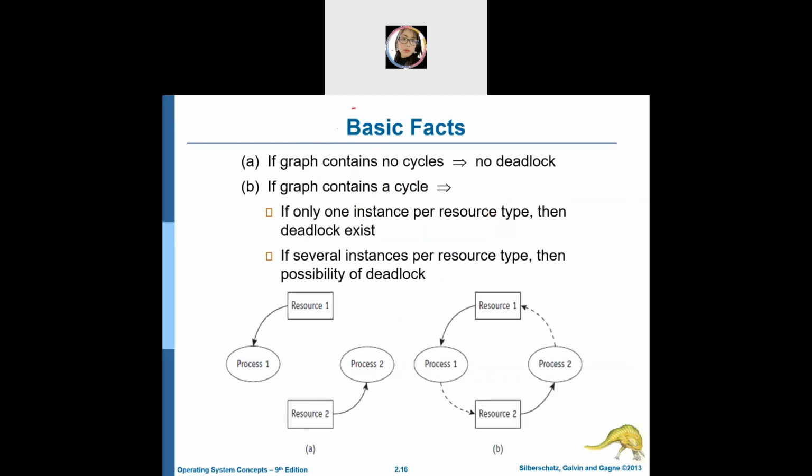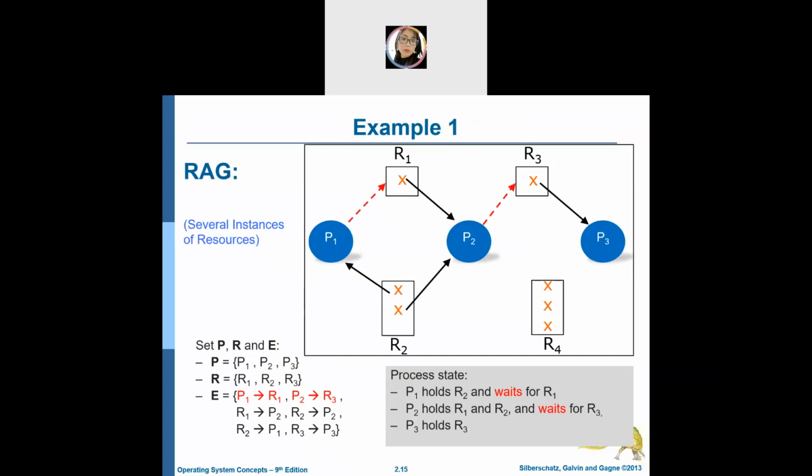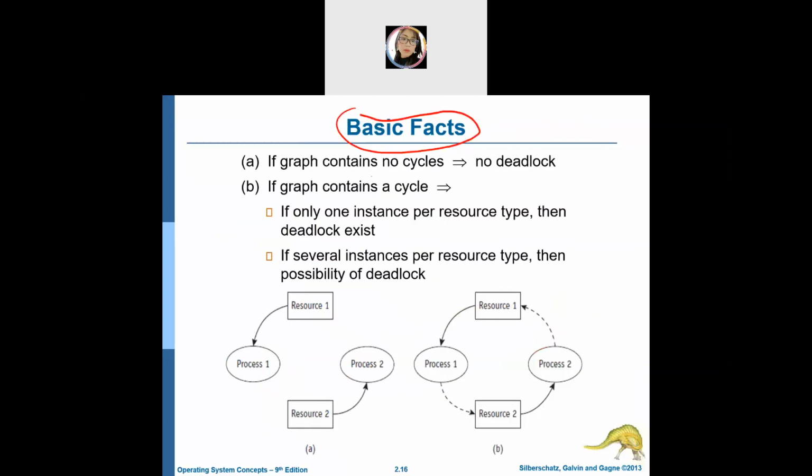And there is an important fact that you need to remember, especially how to define whether this example, this illustration, is having a deadlock or not. So this fact: if the graph contains no cycle, this is very important, which is cycle, then there is no deadlock.